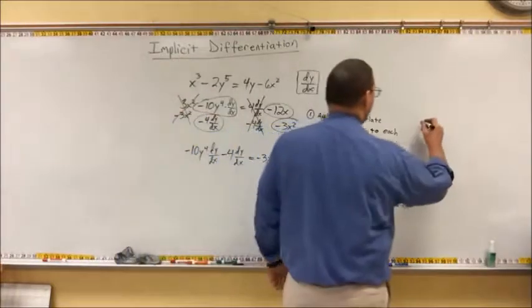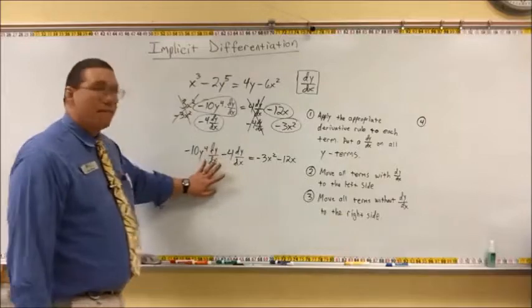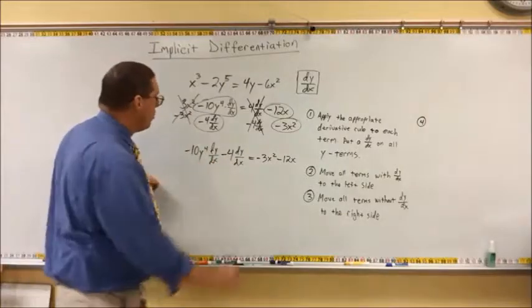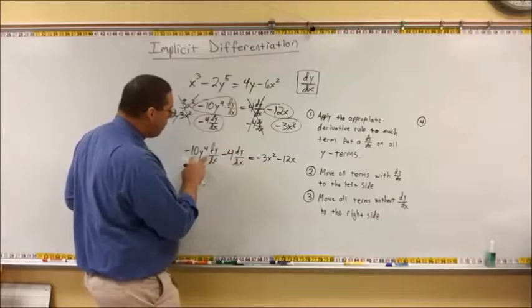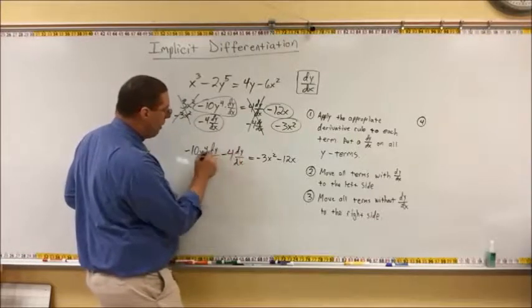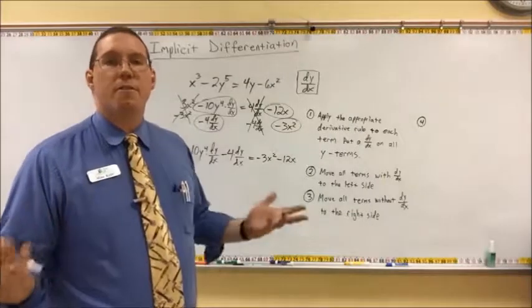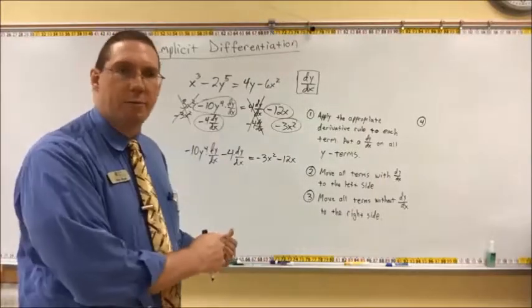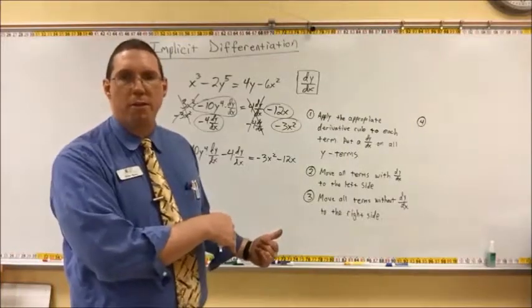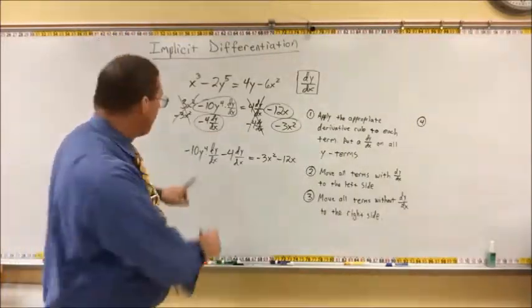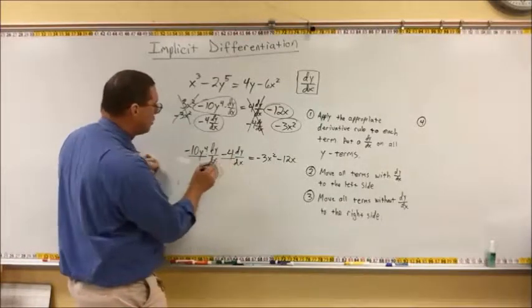Step 4. Now, only on the left side, we want to factor out a dy/dx. See how both of these terms are multiplied by dy/dx? That means that it's a greatest common factor. We can factor out the dy/dx and put it on the outside of a set of parentheses, and on the inside of the parentheses will be just the negative 10y to the 4th and just the minus 4.